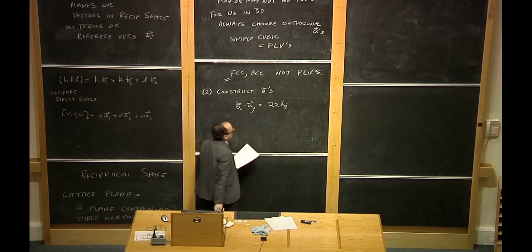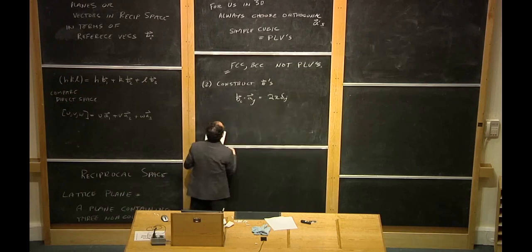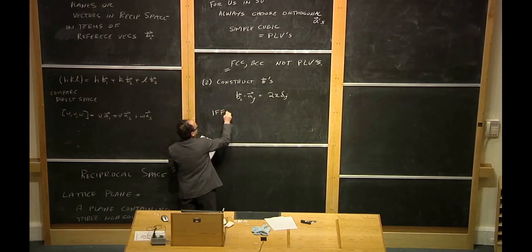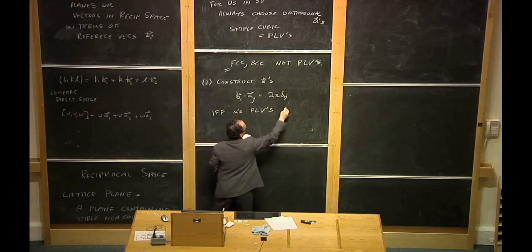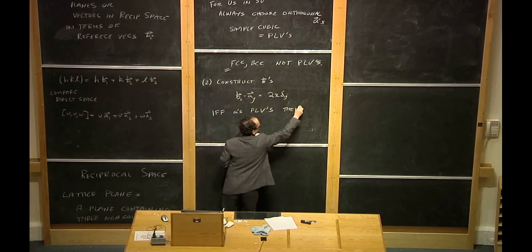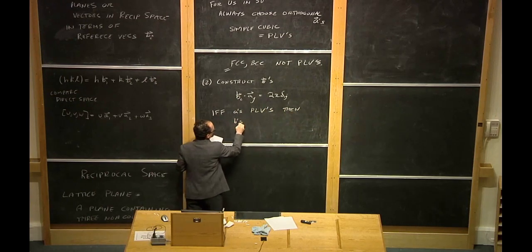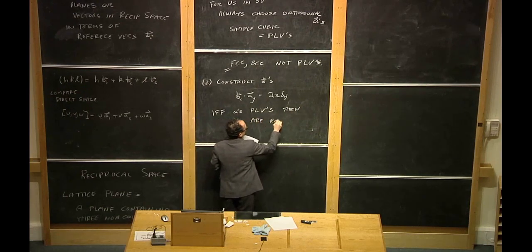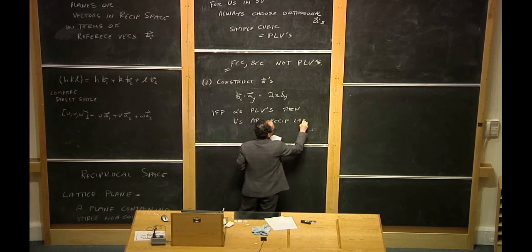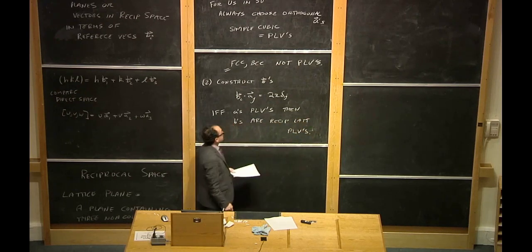And we've seen this equation before. If and only if a's are PLVs, then b's will be reciprocal primitive lattice vectors. Okay?